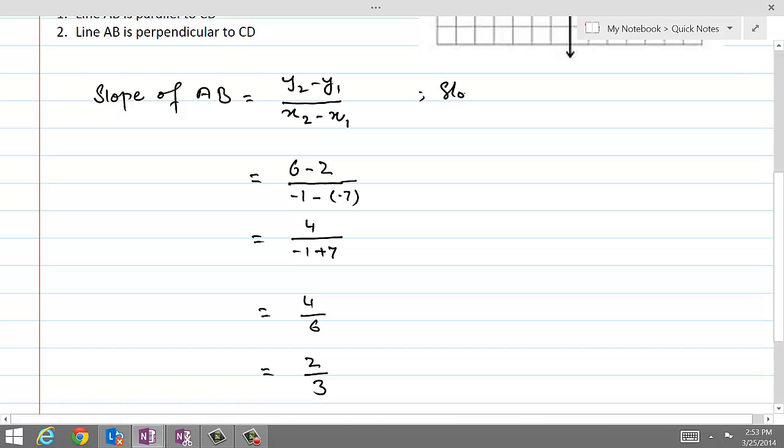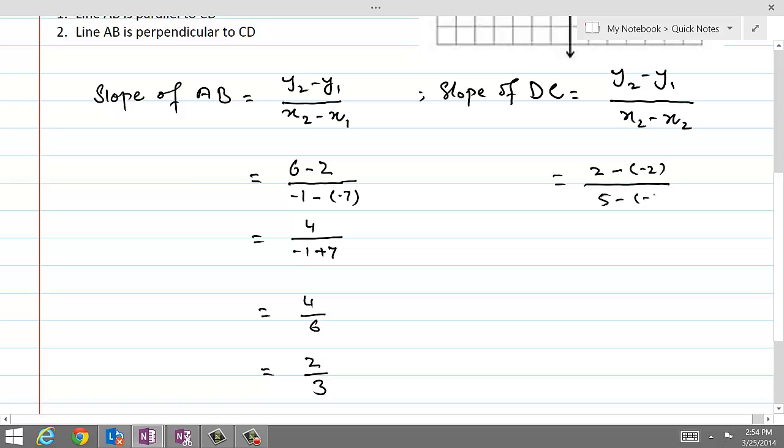Now let's find out the slope of the opposite side, which is DC. We'll use the same formula, y2 minus y1 over x2 minus x1. This is called the two-point slope formula. Whenever we have two points, we can always find the slope of the line joining them. So this is equal to 2 minus -2 divided by 5 minus -1.